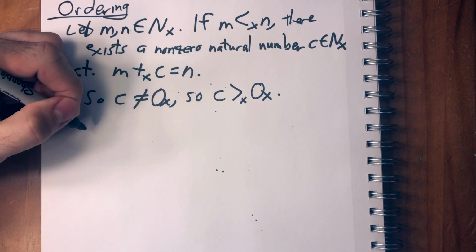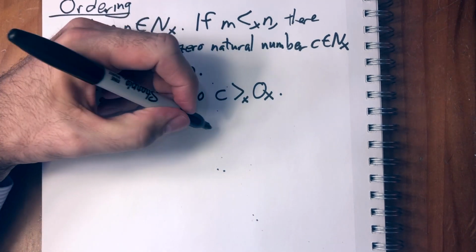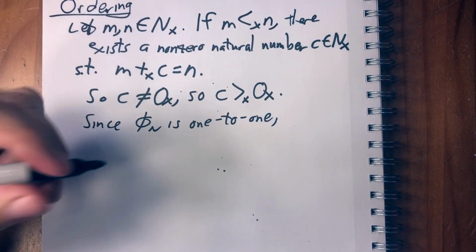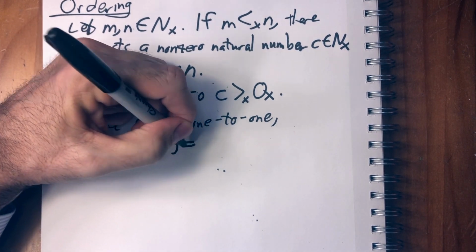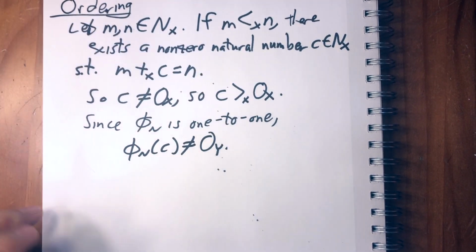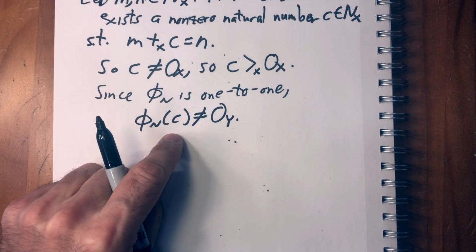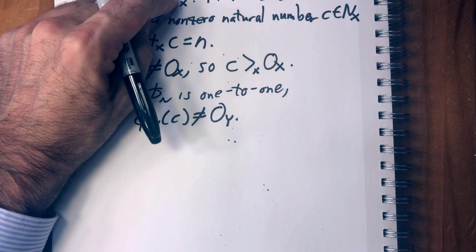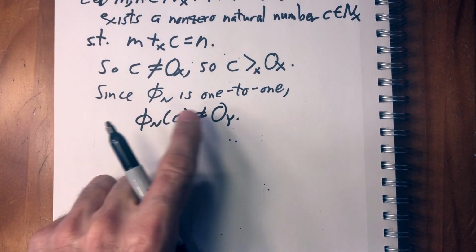This means that since we've shown that phi of n is 1 to 1, then phi of c cannot be 0, right? Because there's only one element in the natural numbers in x that maps to 0 in y. So this has to be something other than 0.